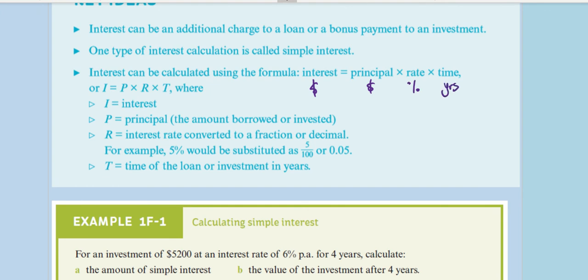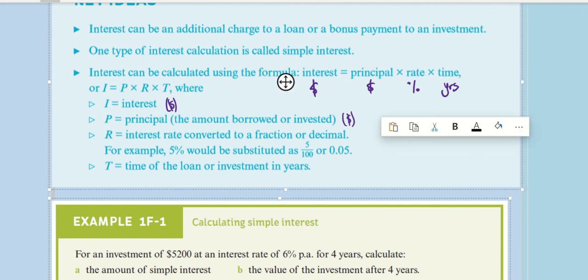It can change a little bit, but that's what we'll think of today. So I is for interest, which is in dollars, and P is for principal, which is in dollars. The interest rate can be a fraction or a decimal or a percentage. It doesn't really matter how you express it just at the moment. And T is the time of the loan or investment in years.